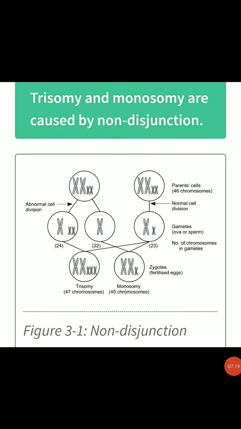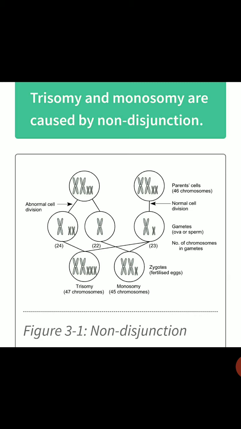Now see the non-disjunction. That is whenever homologous chromosomes fail to separate. You can see this diagram. This is a normal division, and on the left side non-disjunction takes place. That is, either 45 chromosomes or trisomy condition with 47 chromosomes occurs.